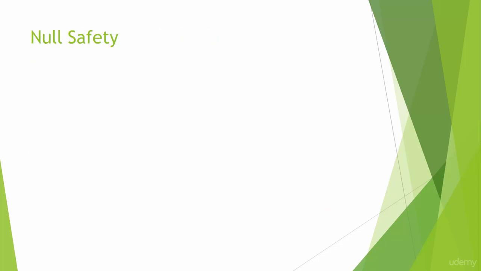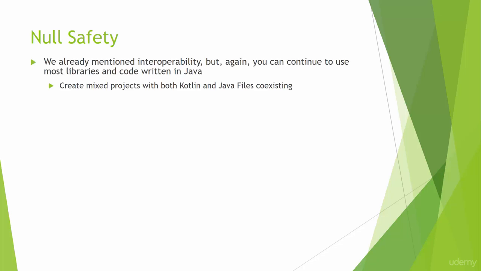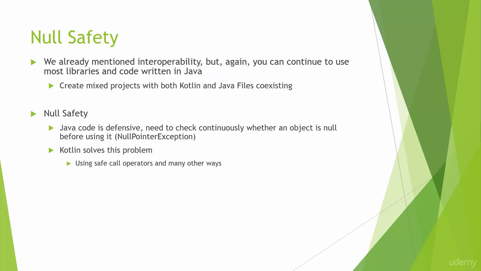Another great feature of Kotlin is this concept of null safety. We briefly talked about this in a previous lecture. But before we talk about this, we know interoperability is a big deal. That's a big language feature where you can continue to use most libraries and code written in Java. You can mix projects with Java and Kotlin code. They can coexist. There's also null safety. When you write Java code, you often have to write defensive code. This is where you have to check whether an object is null before using it. You have runtime exceptions with null pointers. It's a real pain.